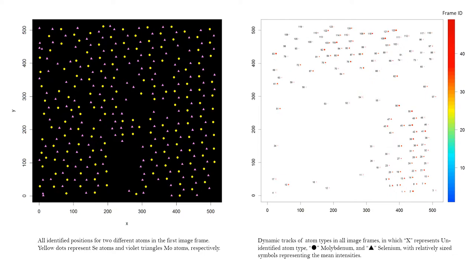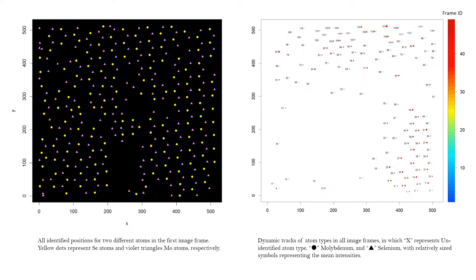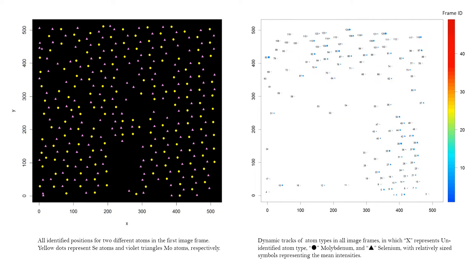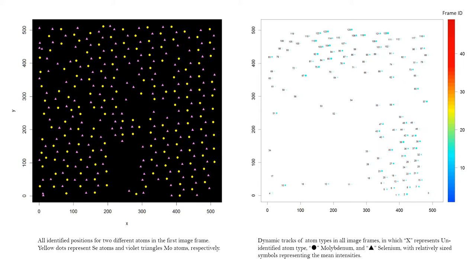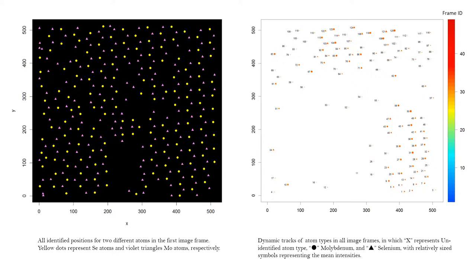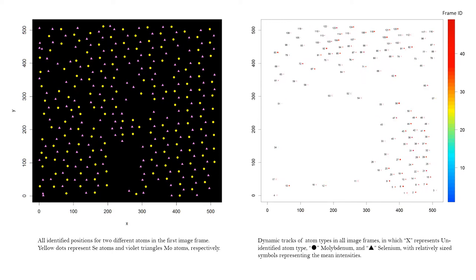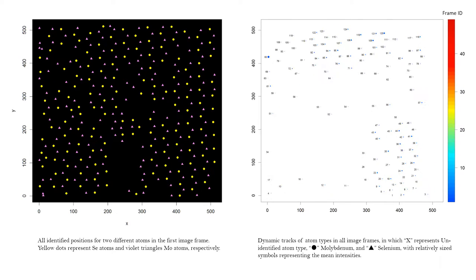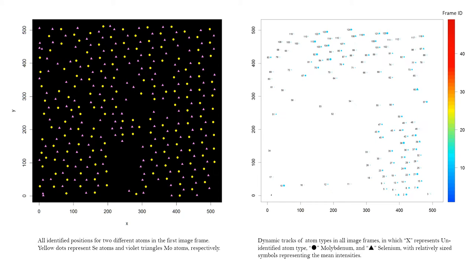Due to the fact that selenium atoms are 8% brighter than the molybdenum, we marked the atom centers as selenium with relatively higher intensities compared to their neighbors' mean, or otherwise, molybdenum.